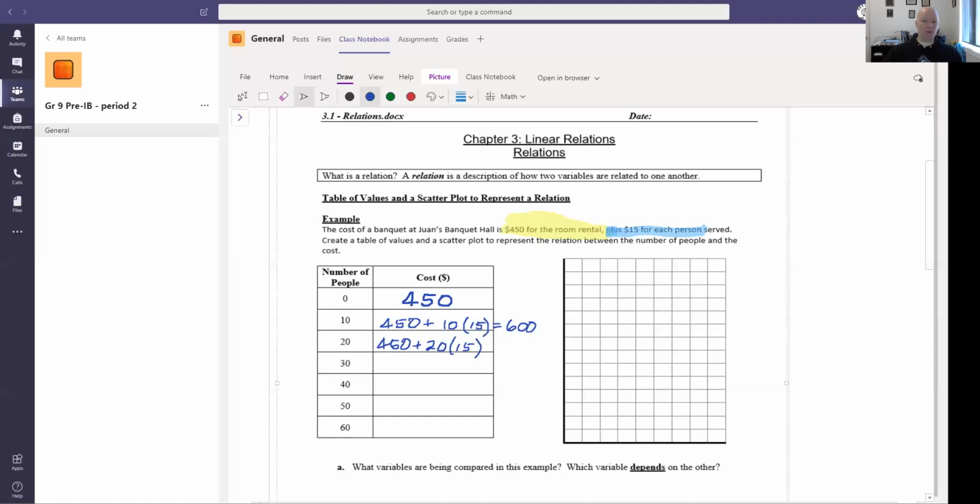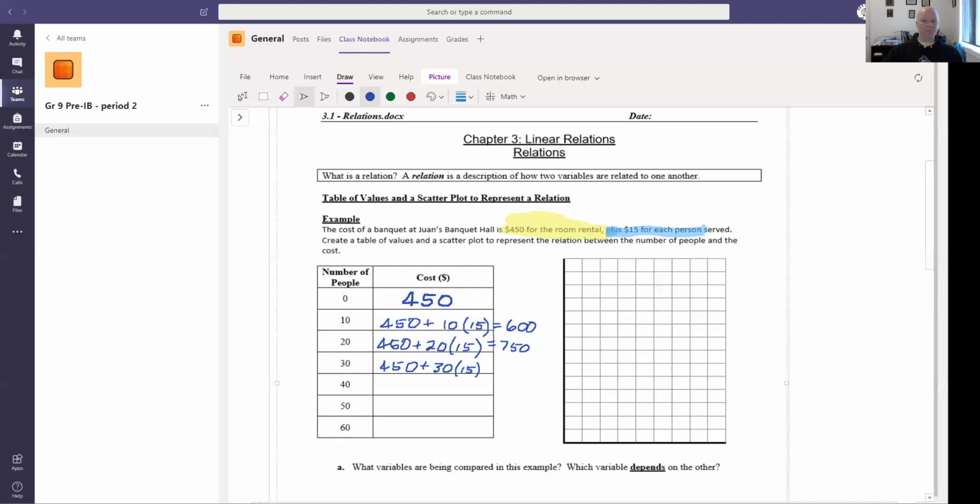Now we're jumping to see, well, what's the total cost if 20 people show up? So 20 times 15, of course, order of operations again, gives us 300. 300 plus 450 will give us 750. Then the next milestone of people that might attend the banquet is 30.